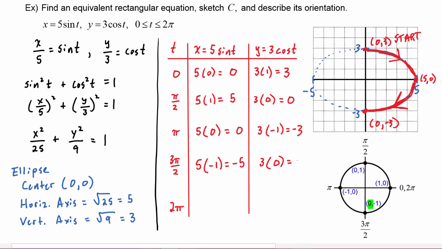So y is equal to 0. We can see that's right here. So the curve continues along, traveling the architecture of the ellipse. We indicate the direction.